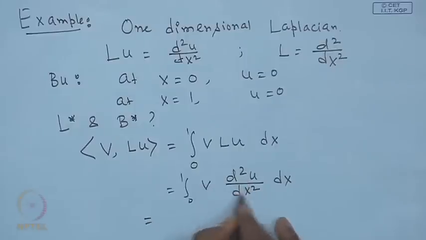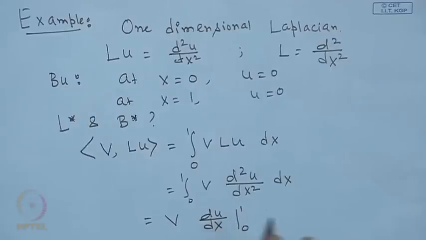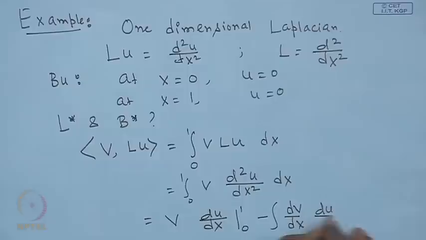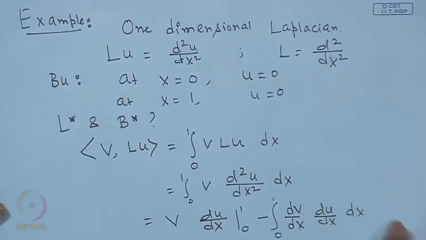If this is the first function, this is the second function, then first function times integration of the second function evaluated within the limits 0 to 1, minus differential of the first function, dv dx, times integration of the second function, that is du dx, from 0 to 1. Then we do one more integration of that part, considering this is the first function, this is the second function. So, let us see what we get.